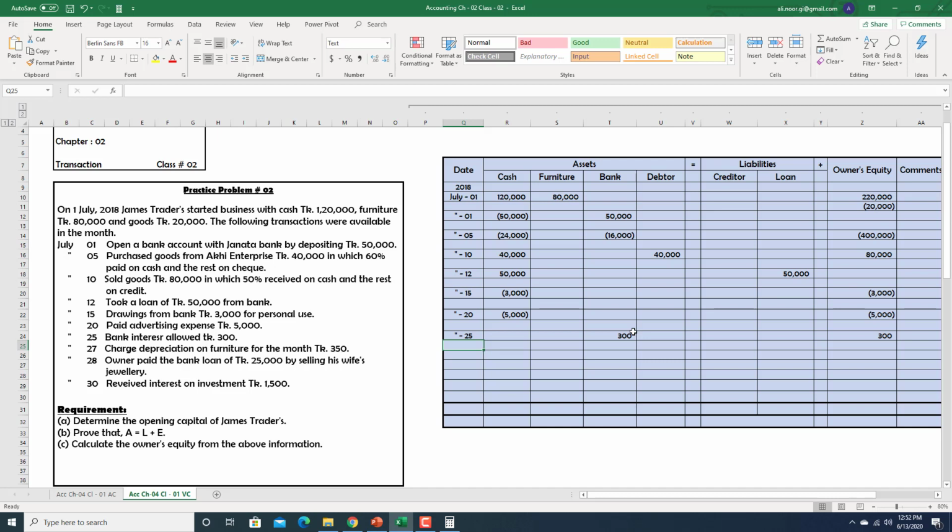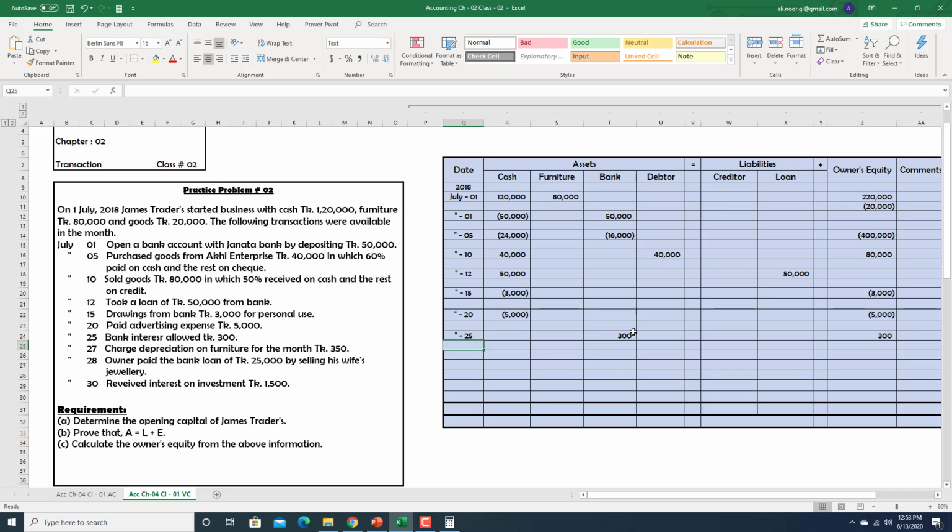Okay, let's say July 27, charge depreciation on furniture for the month, taka 350. Okay, depreciation is an expense account. So definitely it will reduce owner's equity, and as well it will reduce the amount of furniture, because depreciation is an expense of furniture.